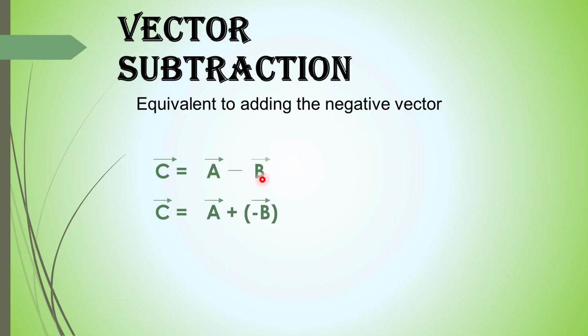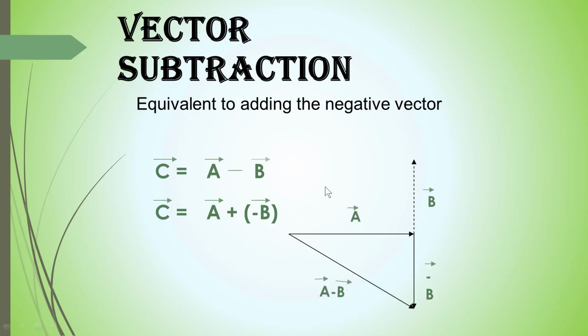We will simply reverse the direction of b, write it as minus b, and add it to a. That will give us a minus b. In addition, just one step is added. First we have to reverse the direction of the second vector and then we add these vectors, nothing else. That is equivalent to adding the negative vector.